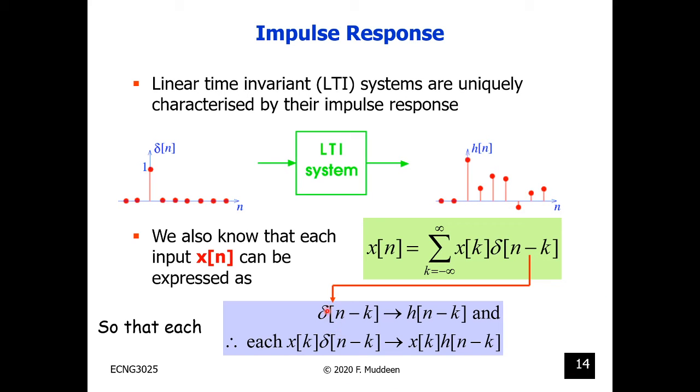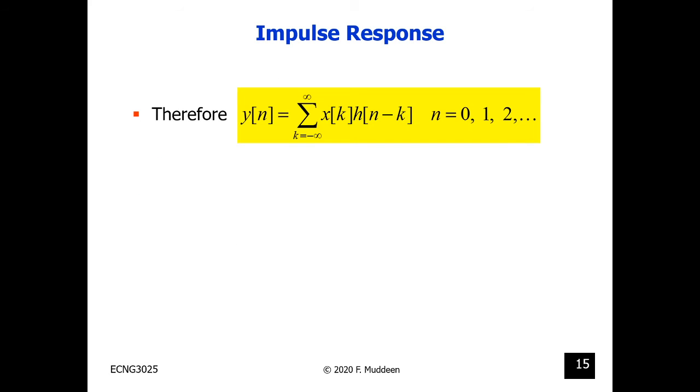So because we now map delta of n minus k to h of n minus k, that means we now get x of k, h of n minus k here, for a sifting property. And as such, what this means is that if we want to get our output sequence using an input sequence x of k, and our system equation here being h of n that was originally included, but now delayed to h of n minus k, we can apply the sifting property here for our input sequence and our system to achieve our y of n.